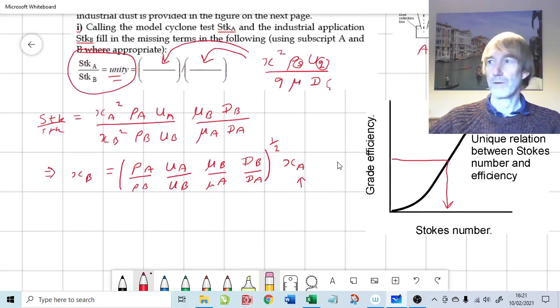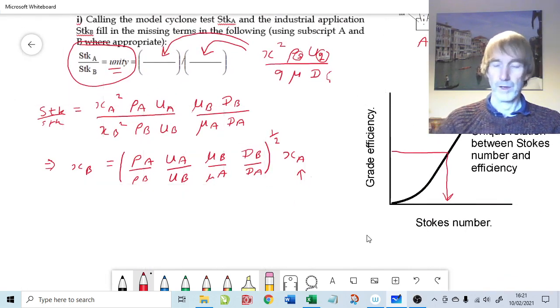Okay, so that's what we have in system A, and this will be the equivalent size in system B, the industrial cyclone, that has the same collection efficiency as the model cyclone over here. That's what I mean by using the Stokes number to predict the performance. This is called a transform. Okay, so let's put some numbers in.